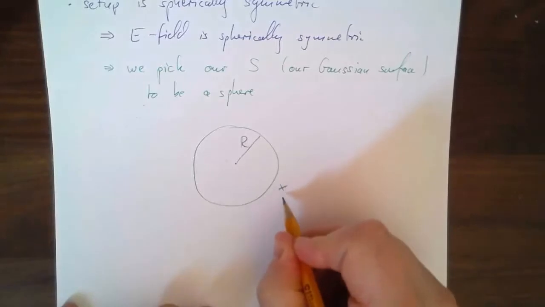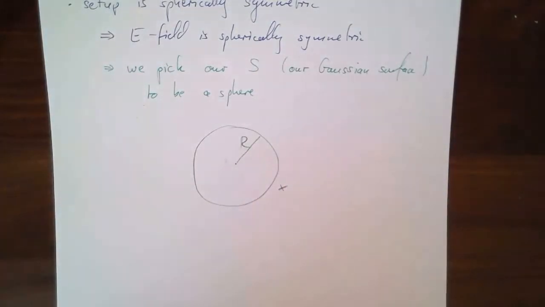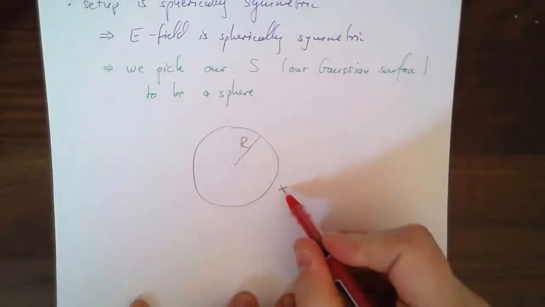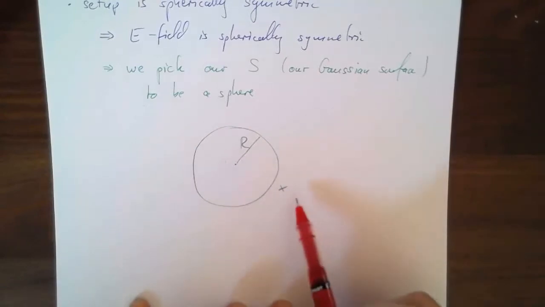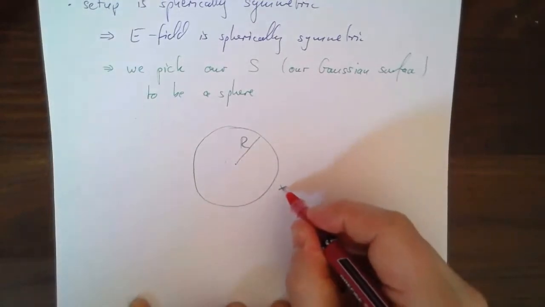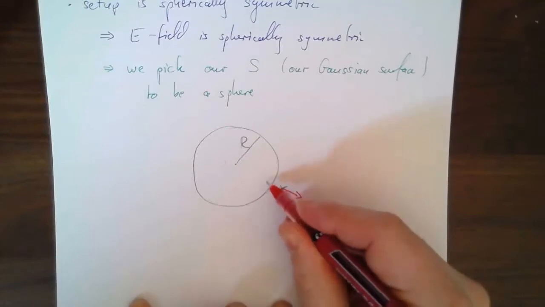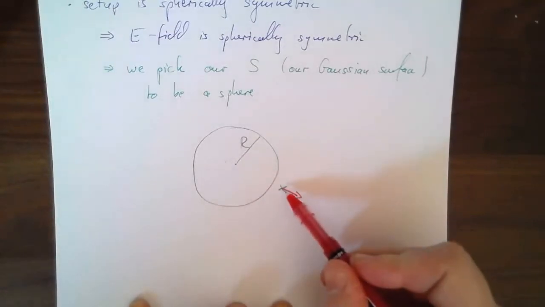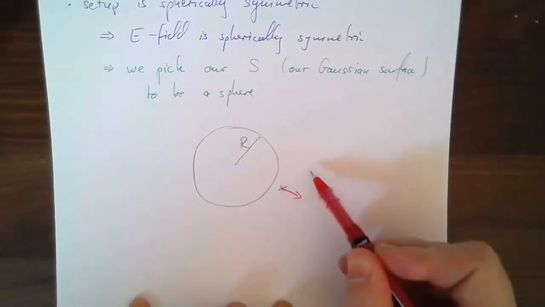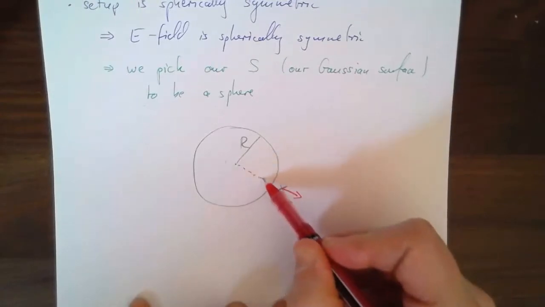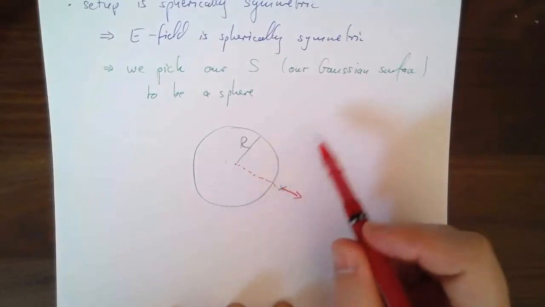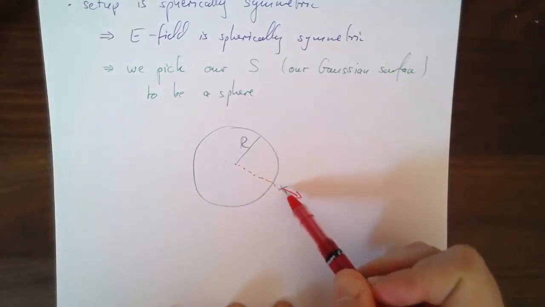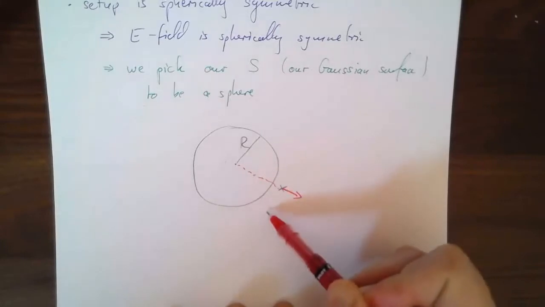I want to find the electric field here. I know that the electric field is going to be pointing radially inwards or outwards. How do I know that it's pointing this way or the other way? Because if it were pointing to one side at some angle, then this would violate the symmetry of the setup. There's no reason the electric field could be pointing this way rather than this way.